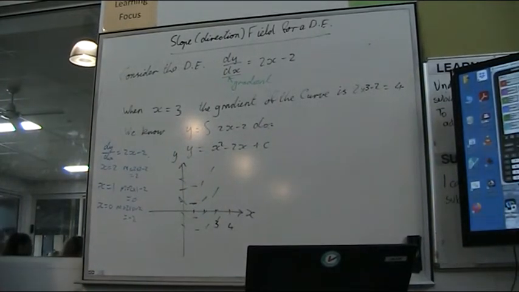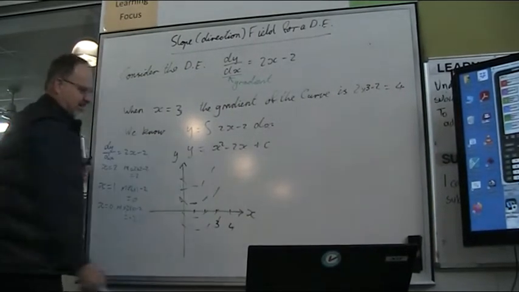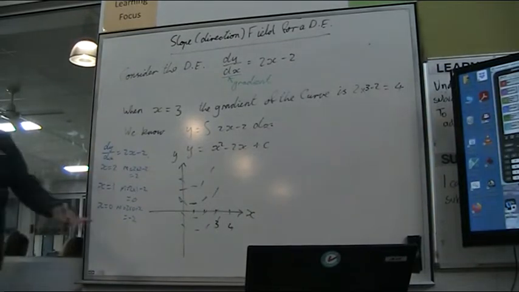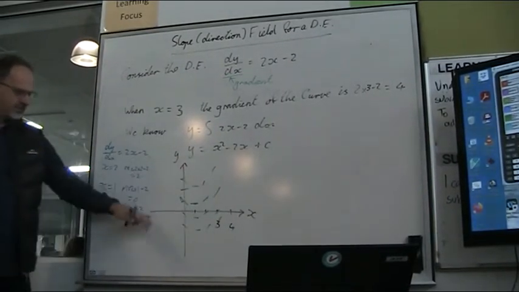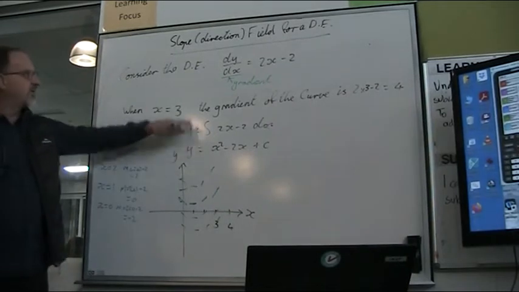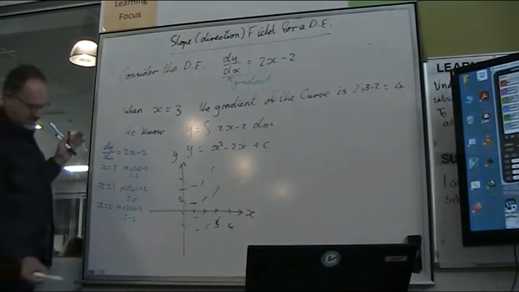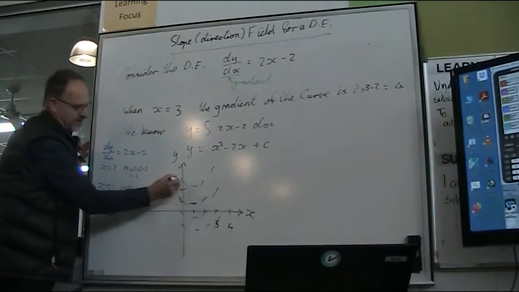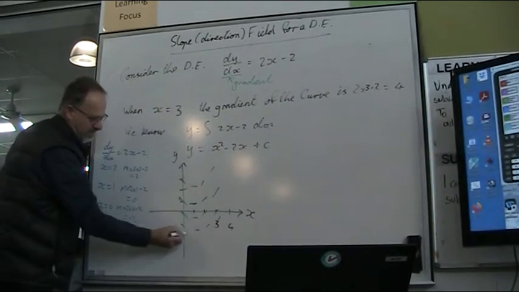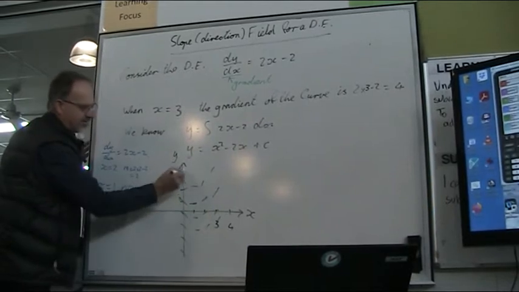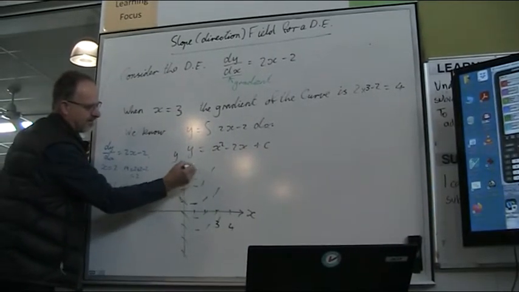So now I've put all these lines that represent gradients at certain x values that are above each other. And these lines here that I've drawn are what's called the slope or direction field. So the lines at the x values are telling you what the gradient is for that particular x value.